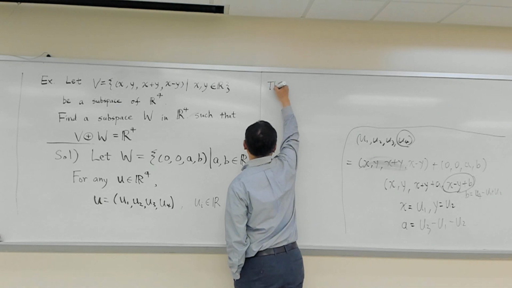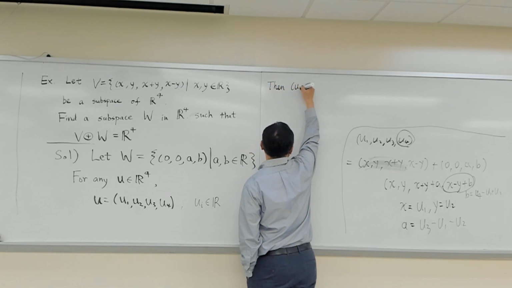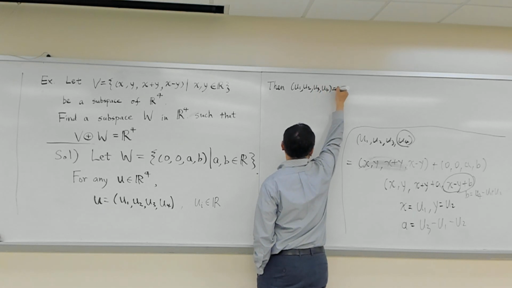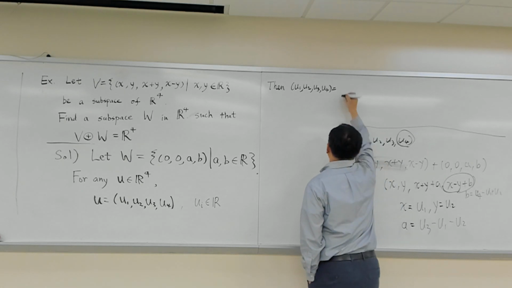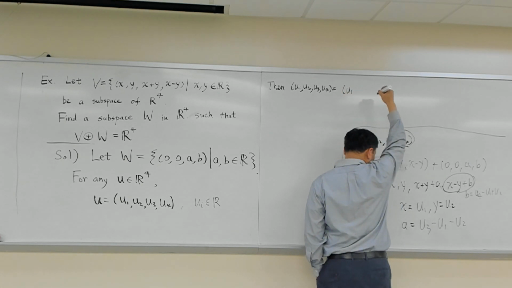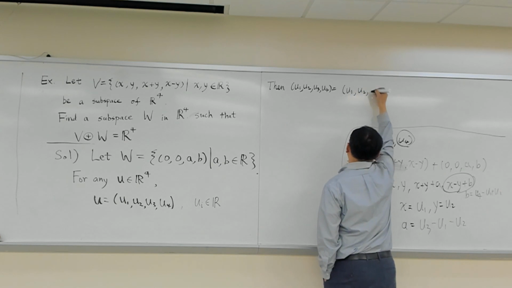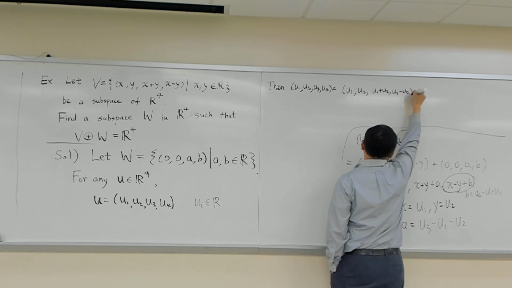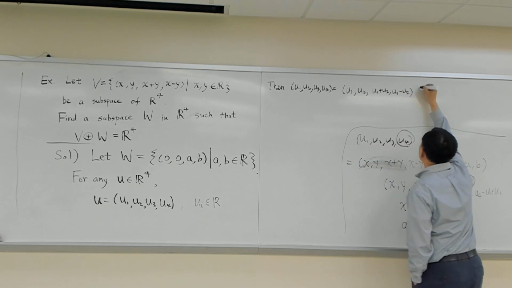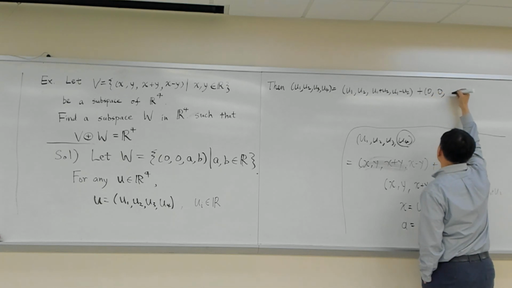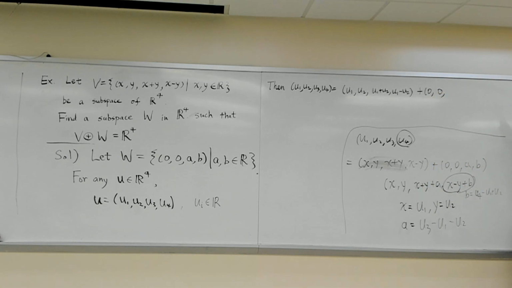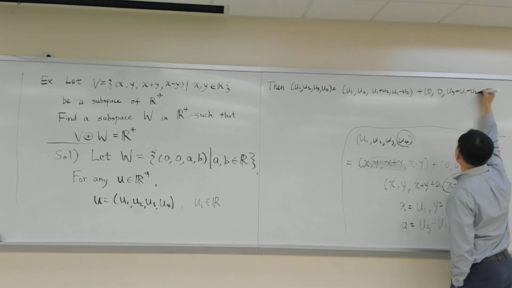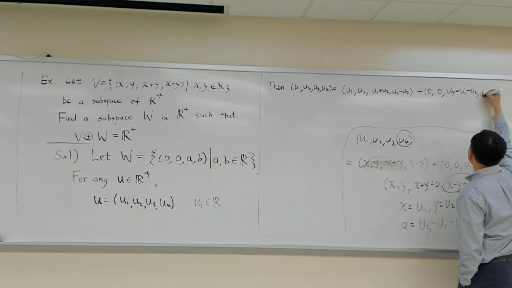Then u1, u2, u3, u4 is equal to u1, u2, u1 plus u2, u1 minus u2, plus 0, comma 0, comma u3 minus u1 minus u2, comma u4.